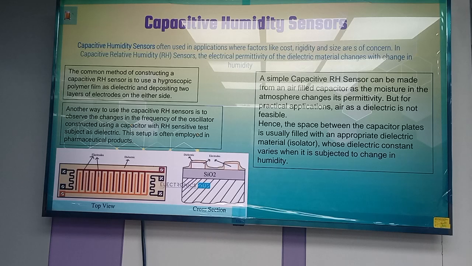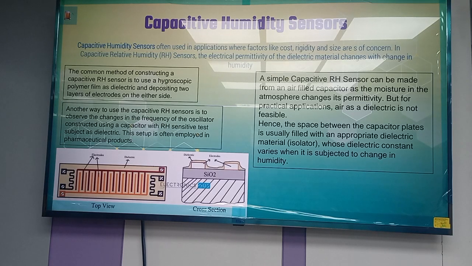But for practical application, air as a dielectric is not feasible. Hence, the space between the capacitor plates is usually filled with an appropriate dielectric material like an insulator, whose dielectric constant varies when it is subject to change in humidity.